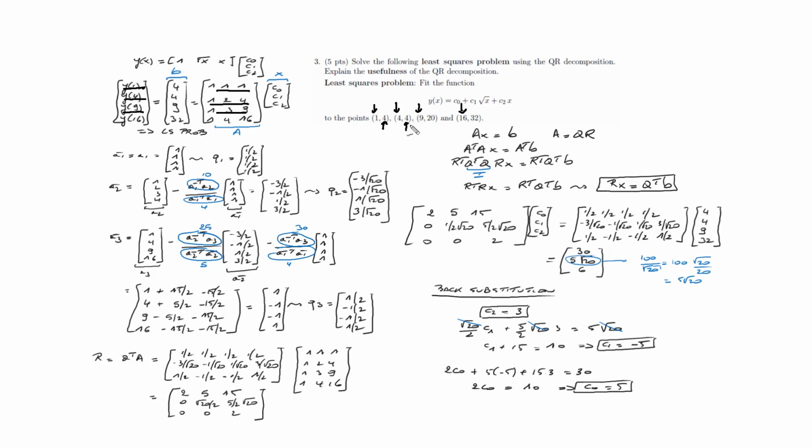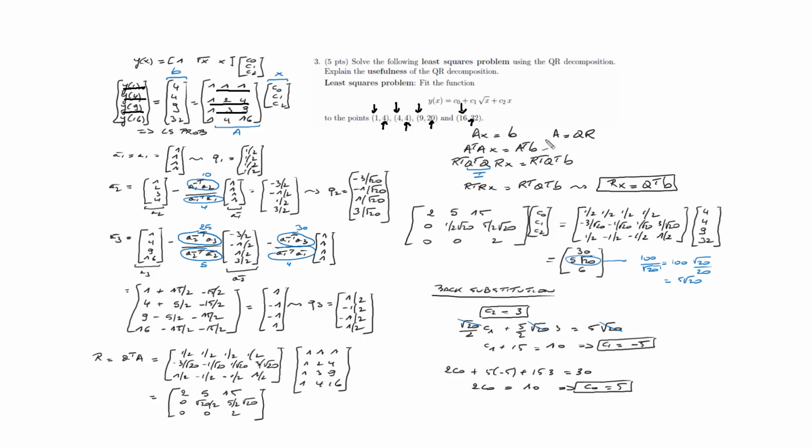If you're in such a case where the x remain the same and the y change, you will always have the same A over here, and the only thing that will change is the b. And then it's worthwhile rewriting and doing the QR decomposition of A, because if you have Ax is equal to b, you write A as QR, you multiply by A transpose.